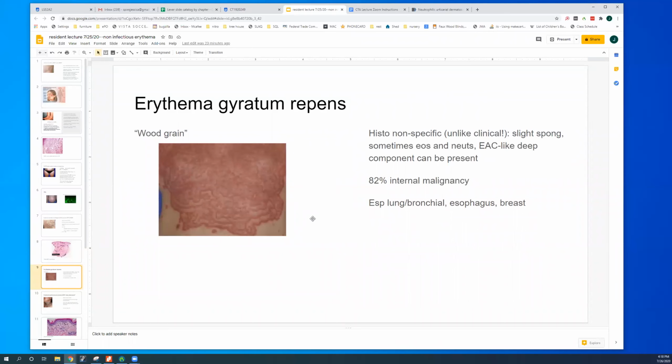They say, and I've actually never seen a biopsy, it's so rare. And I think when you see it, you probably don't biopsy it. But you can get a little spongiosis, sometimes you have eosinophils, neutrophils, sometimes you can have that EAC-like deep coat sleeving component. As we know, 82% of cases are associated with internal malignancy, especially the lung, esophagus, breast.